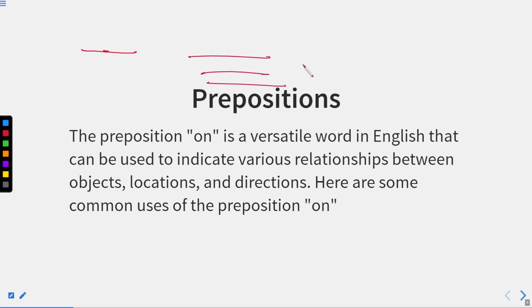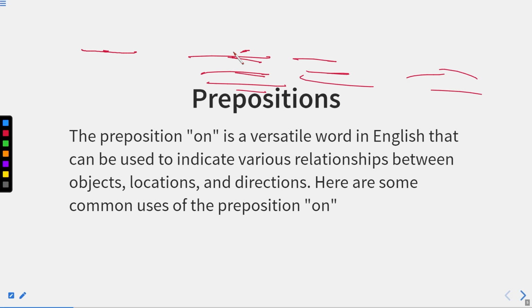I'm making any line, any writing over here. So I'm writing on this slide or on this page. So you can see that this writing is just touching the surface of this particular slide.